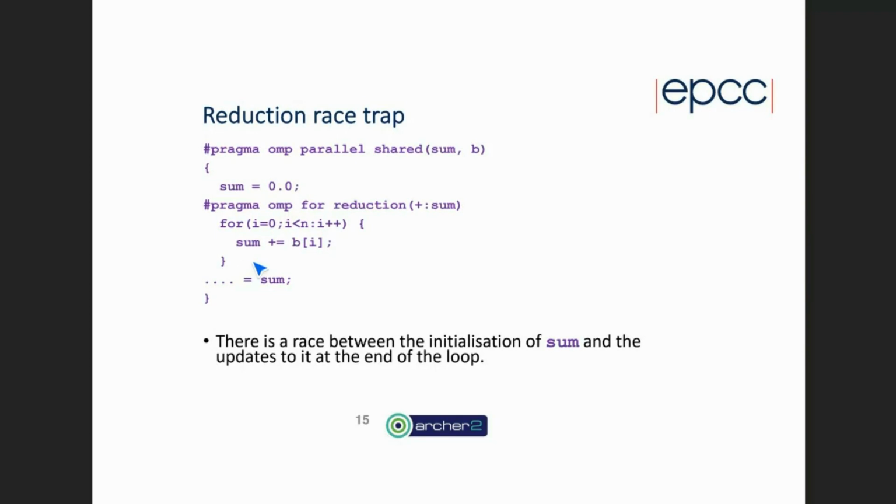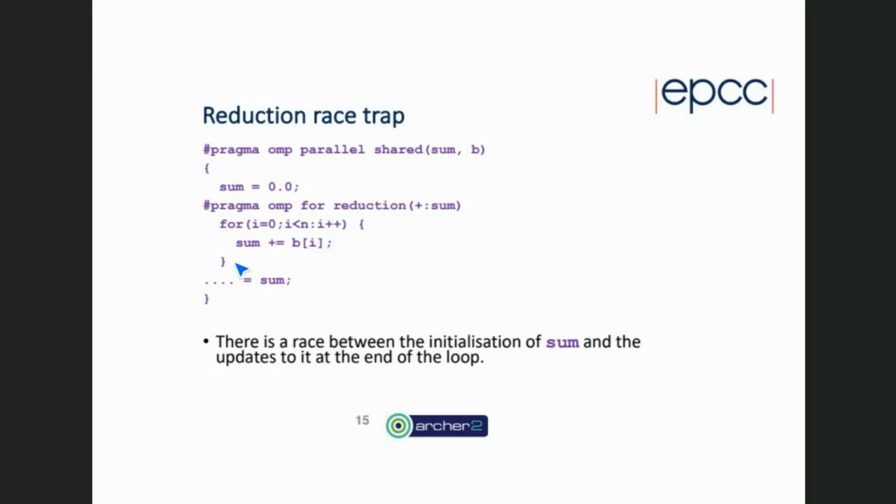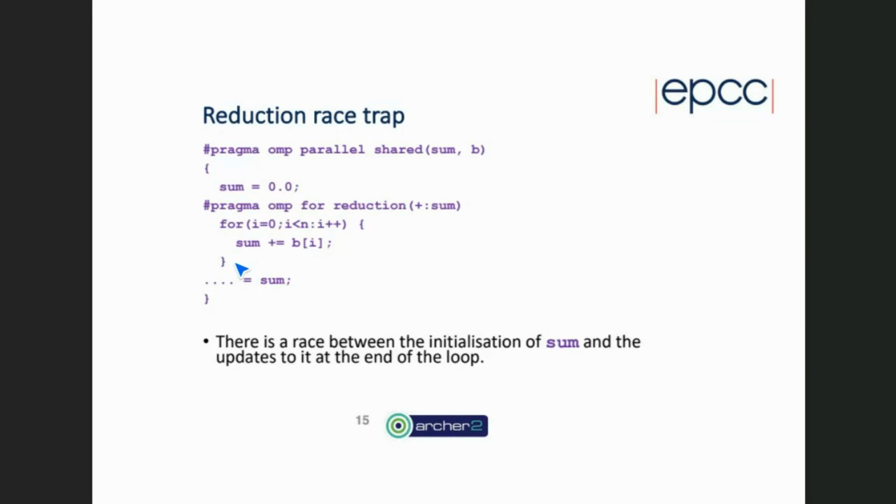It's also a race because there is an implicit write to sum that happens at the end of the loop to form the reduction, and there is nothing synchronized against this initialization here.